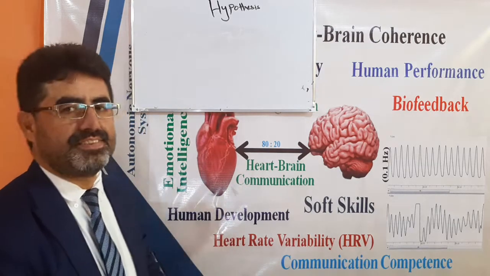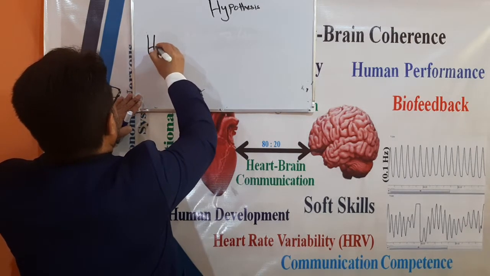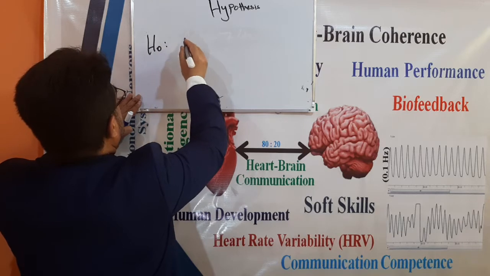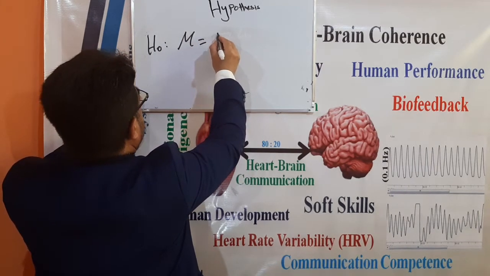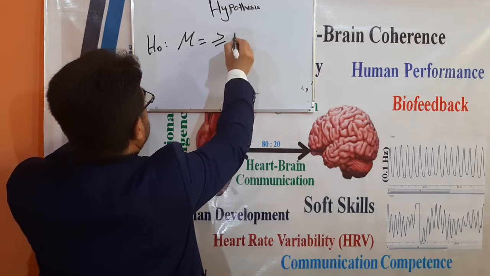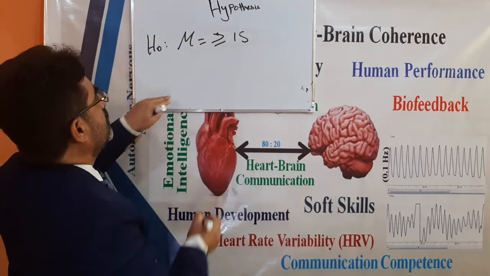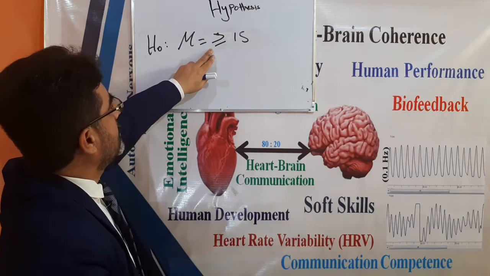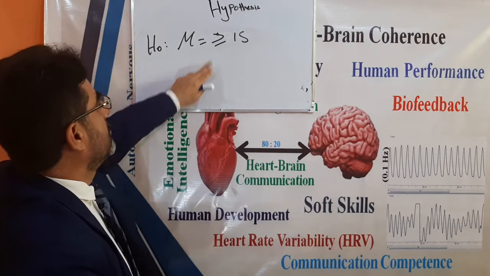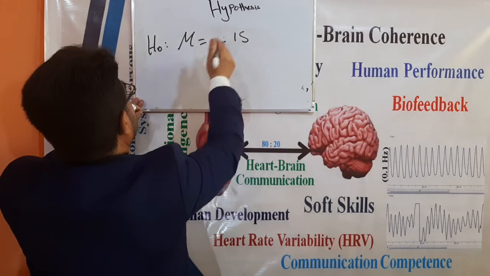We write the null or existing hypothesis, mu less than or equal to 15. This is the symbol, less than or equal to 15. But, oh, sorry, it should be less.